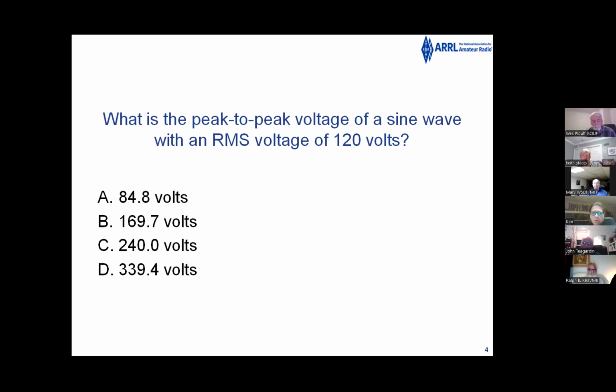The question is peak to peak. So I think it's D. Yes, it is. Which really surprised me because I've had to deal with these voltages and I always remember the 169 for some reason.